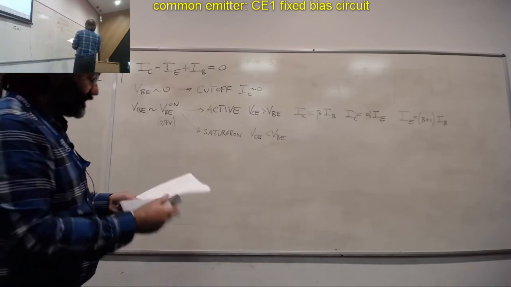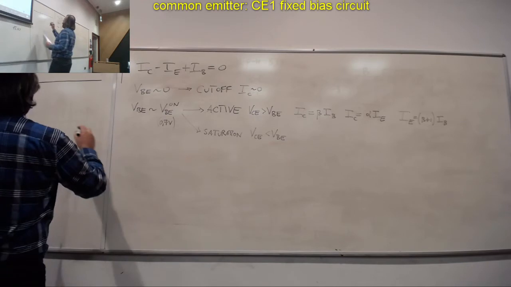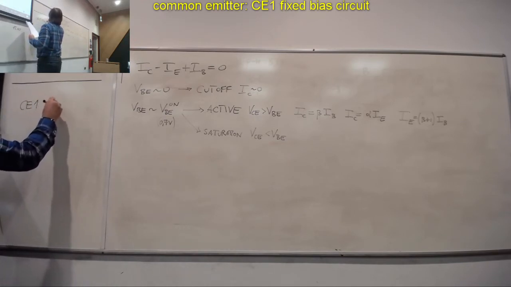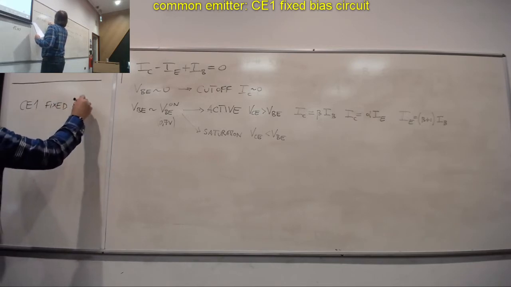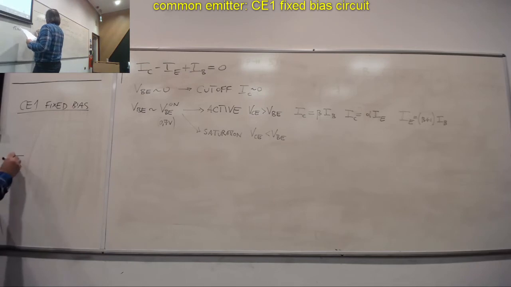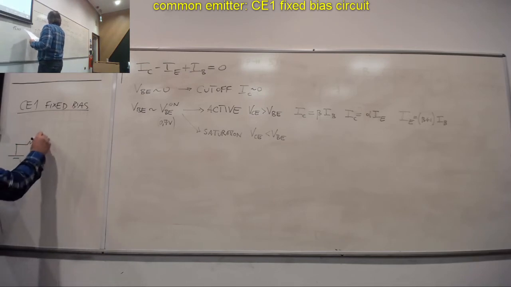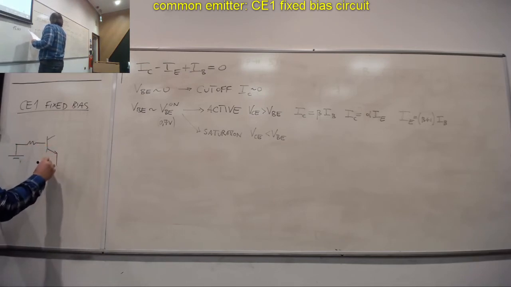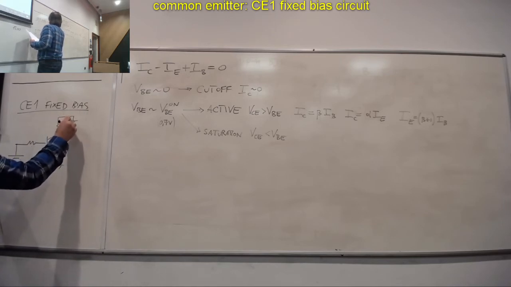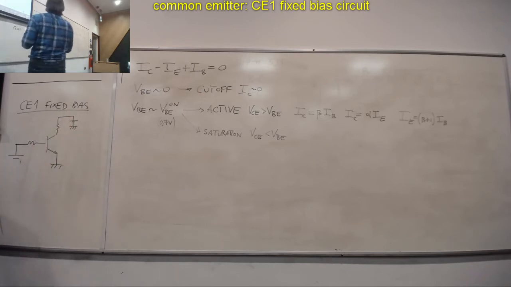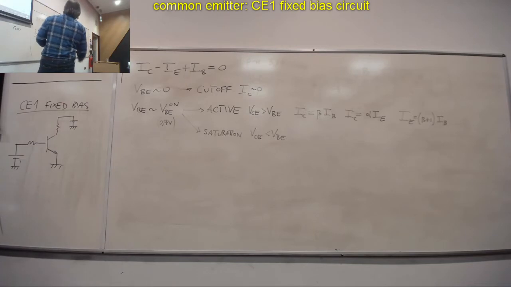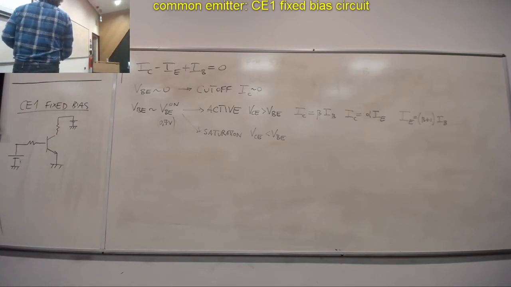So the first one is the simplest, and this we will call common emitter 1, fixed bias. This circuit is extremely simple. We have, now I'm overdoing it in the sense that I'm drawing all the power supplies, but in the end we will remove them.